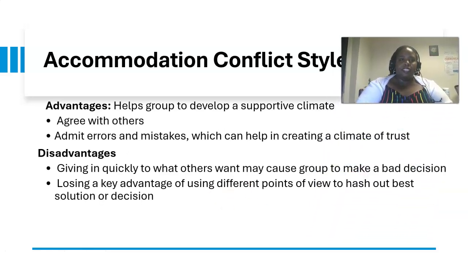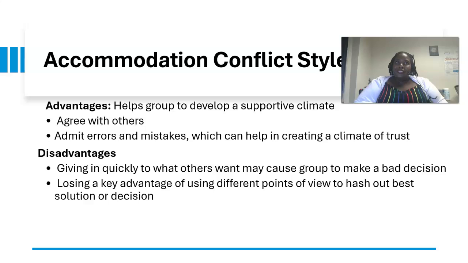So some of the advantages of this accommodation conflict style is that it can help develop a supportive climate if we're able to accommodate each other's needs. We're more agreeable, and we admit to mistakes, creating that climate of trust that we talked about in earlier lectures. But you don't want to give in too quickly, especially if it's an idea that you have conviction about and you think is a good idea.